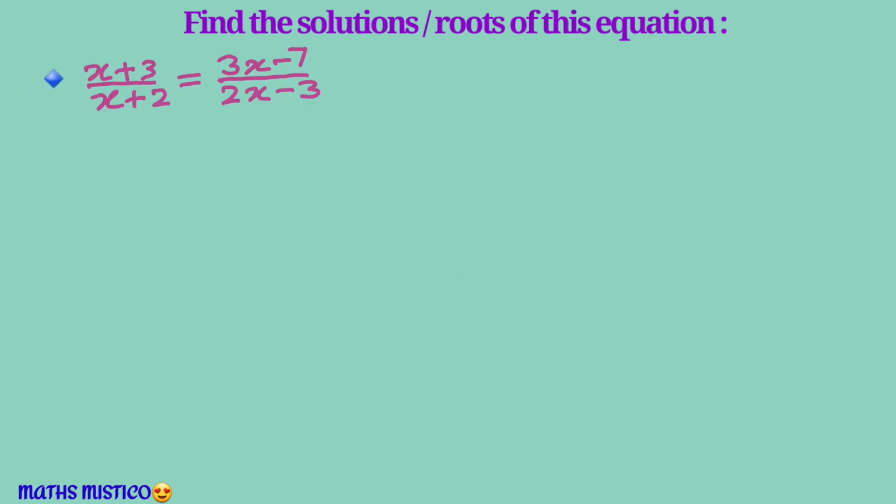Let's try another question of this type. This one contains a fraction on both the sides, so we can easily simplify this equation by cross multiplication method, which gives us x plus 3 into 2x minus 3 is equal to 3x minus 7 into x plus 2.